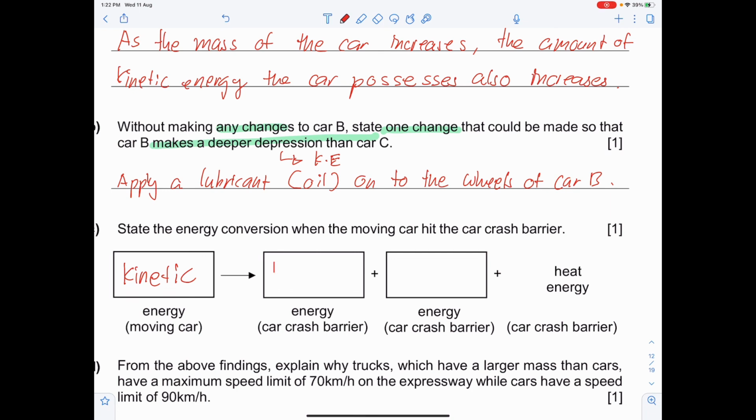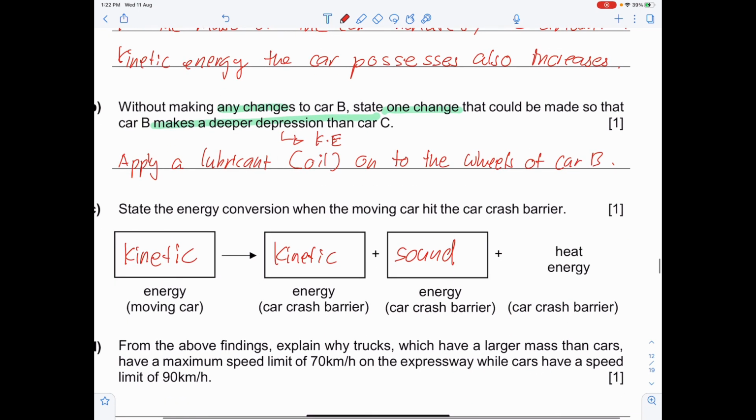That is also kinetic. And then you have sound energy. Just like when you drop something on the floor, or when you hear accidents, it's always a loud crash. In your composition, you all like to write things like crash or bang when two items collide together. So the sound energy, together with heat energy, because when the two surfaces are in contact, it will cause friction, and as a result of friction, you have heat energy.